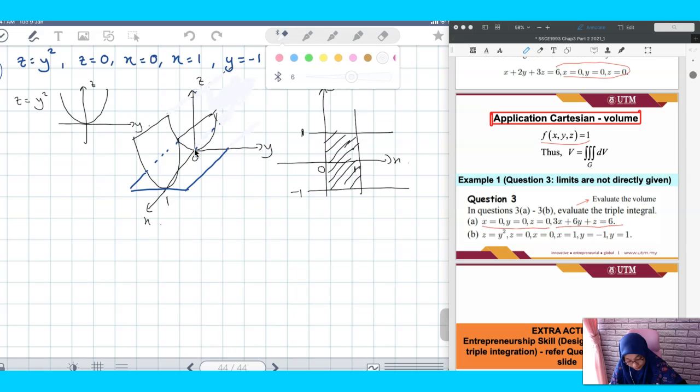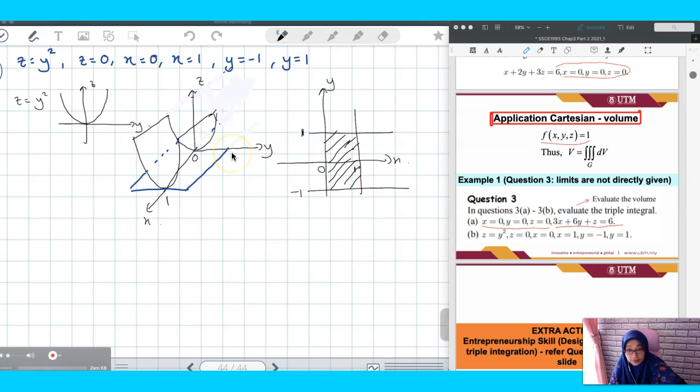Okay, and if you can see, your y can be positive, so this is the highest, y is 1, and the smallest y you can extend this one is minus 1. So that is y equal to minus 1.